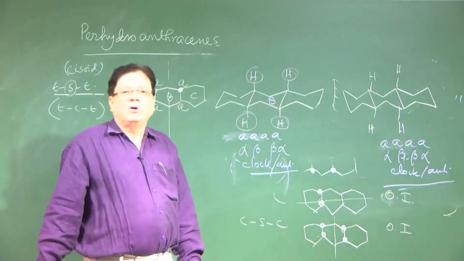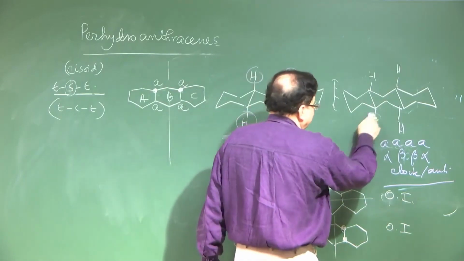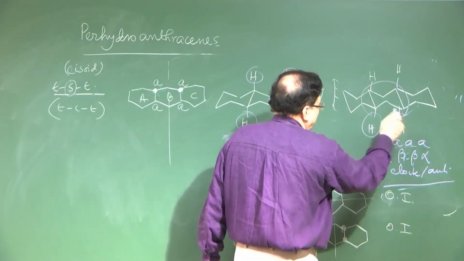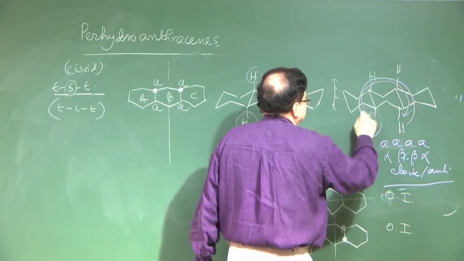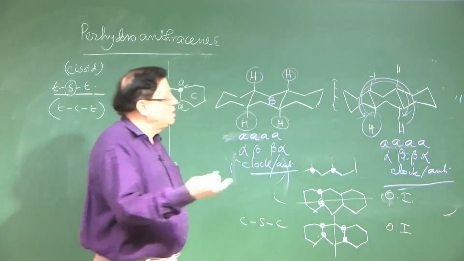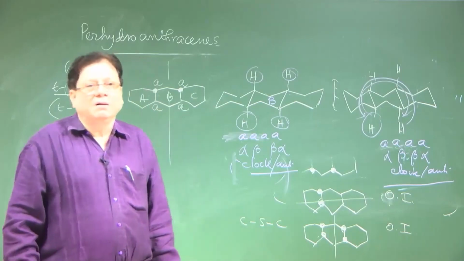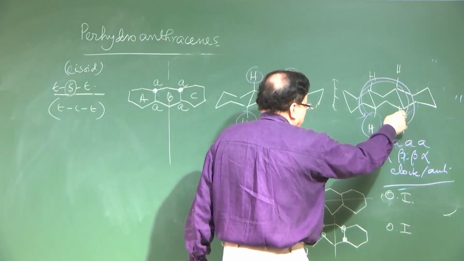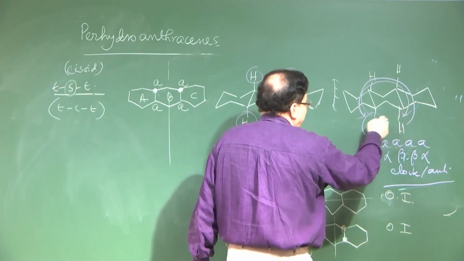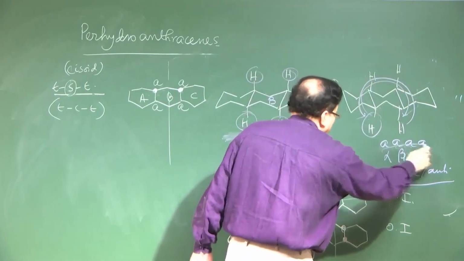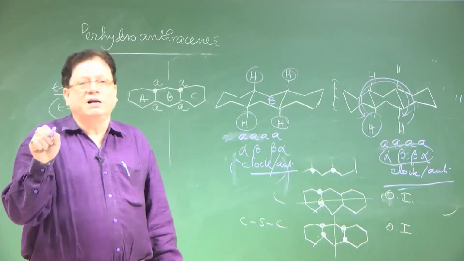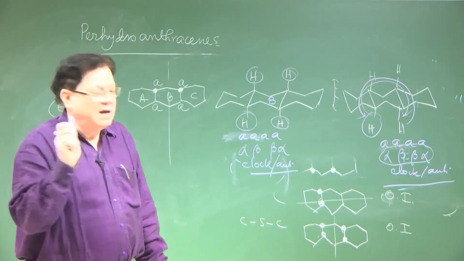You have understood, I hope, that if you go from here this way, you have alpha, beta, beta, alpha, or the alternate way, if you go from this to that direction, that is also alpha, beta, beta, alpha. Okay. You should not go this way, because that makes it alpha, alpha, beta, beta, but we are not following that, we are following alpha, beta, beta, alpha. Okay. So, both these directions are possible, clock or anti-clock.